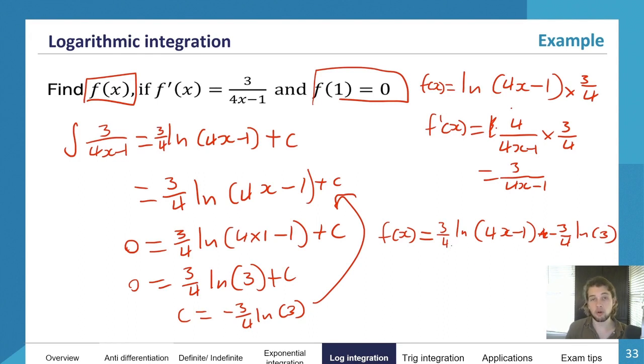They both have a coefficient of 3 over 4, so I can do my logarithmic subtraction. So that becomes 3 over 4 ln((4x minus 1) over 3). And that should be our final answer, unless I made some little error.